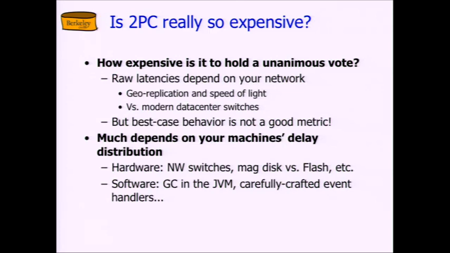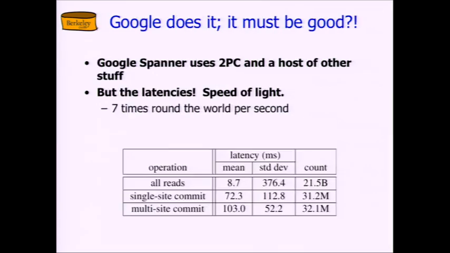So you've got to write your event handlers to be very small, very tight, just do the minimal amount of work. And that's hard code to write and get correct. So delay distribution depends a lot on the software you write. Your mileage may vary. But two-phase commit can be expensive or unpredictable if you have high variance performance on this stuff.